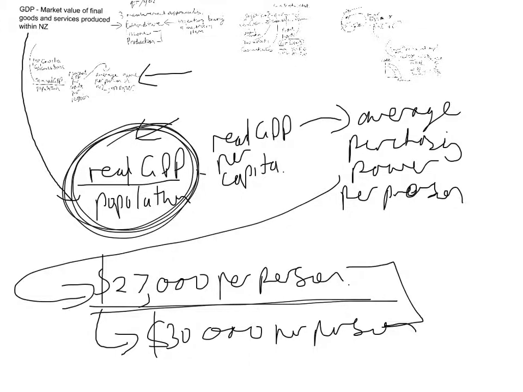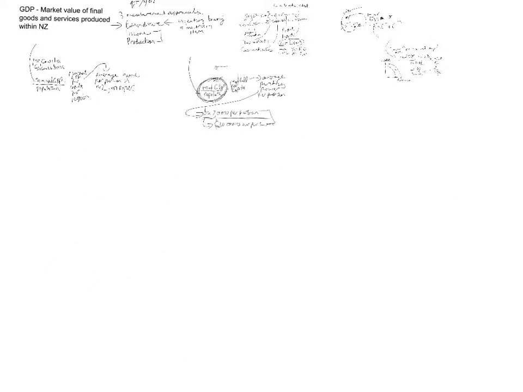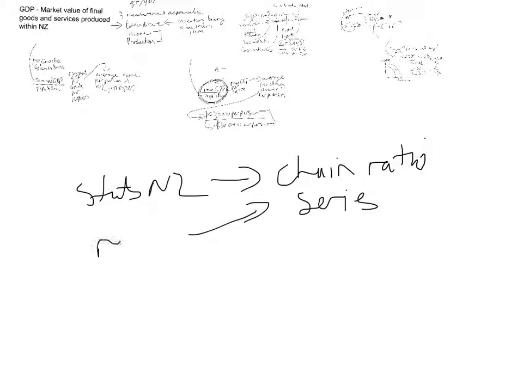Well, I think that I'm probably going to just leave it. There's just a couple more things I need to alert you to. If you go into Statistics New Zealand, they'll identify the chain ratio series, and that means they're talking about real GDP.